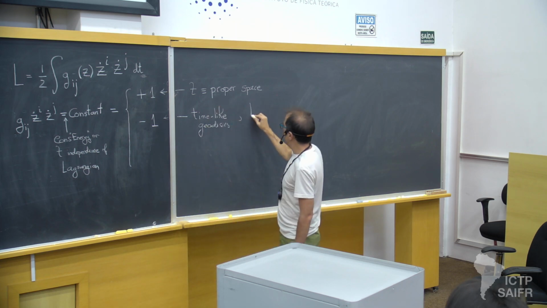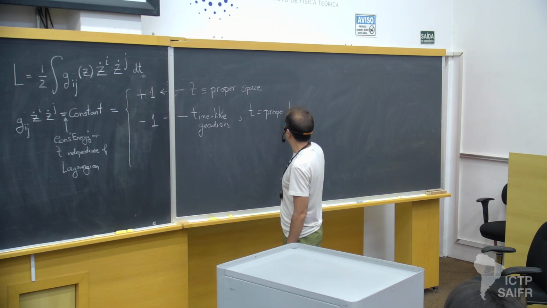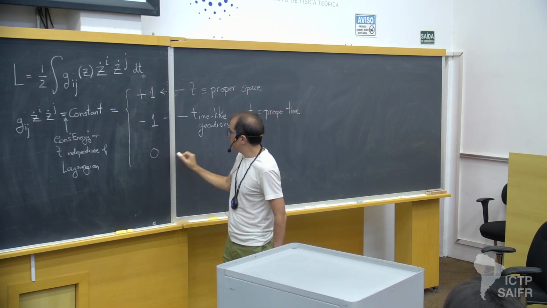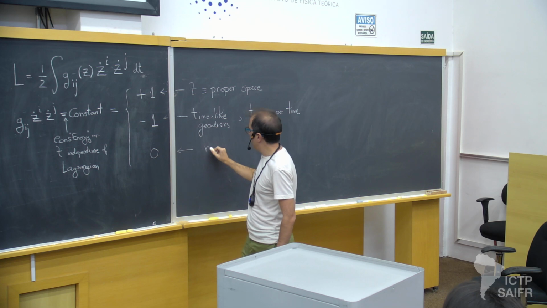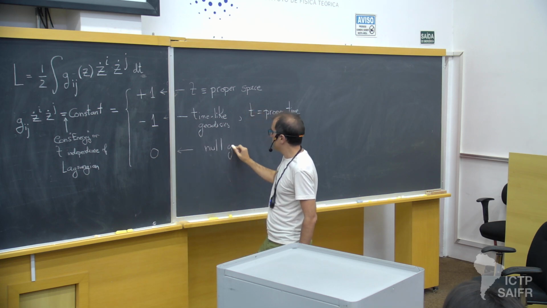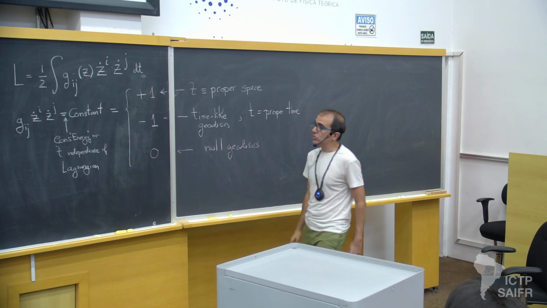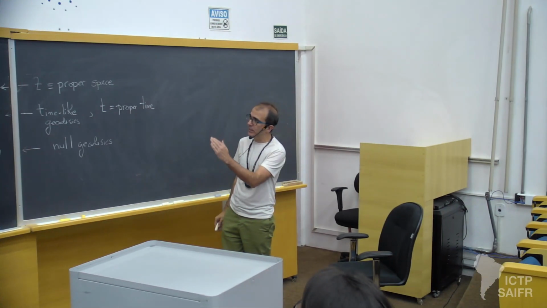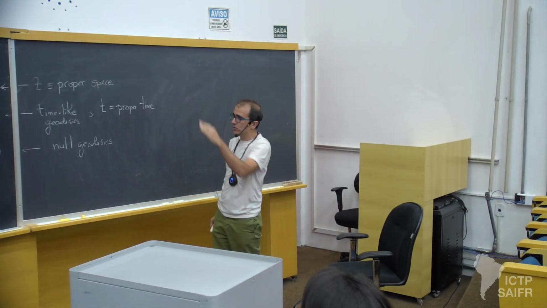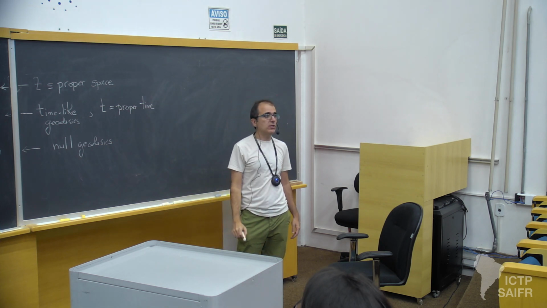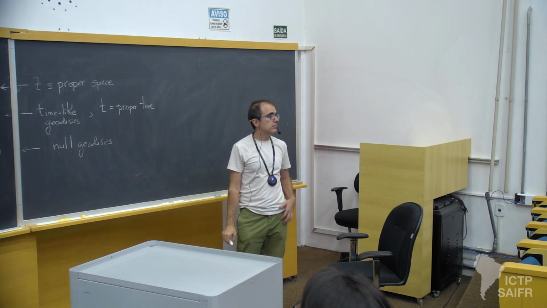And in that case, t would be not the proper length, but the proper time. And I would set it to 0 if I wanted to describe null geodesics. This is conserved, so once I impose it in the beginning of the geodesic, this is conserved along the geodesic, and this distinguishes the 3 types of geodesics that you could have. Sounds good?